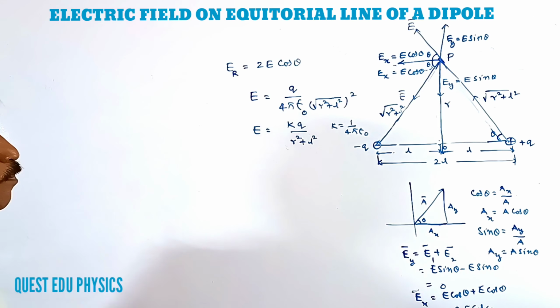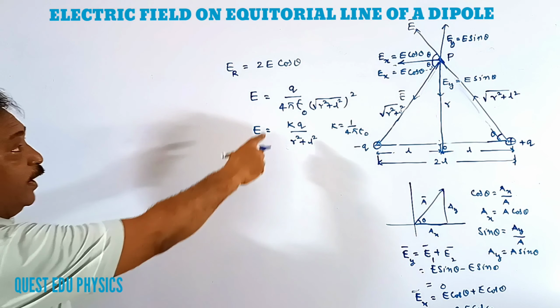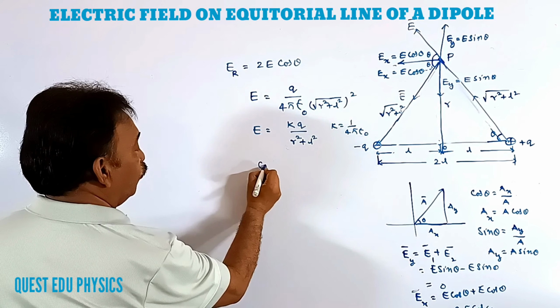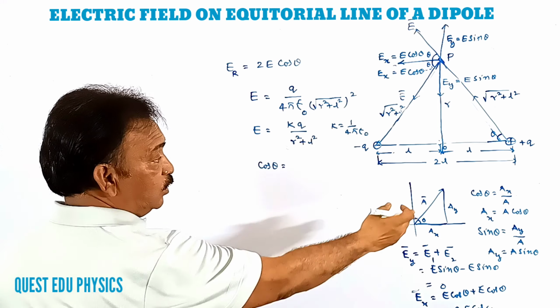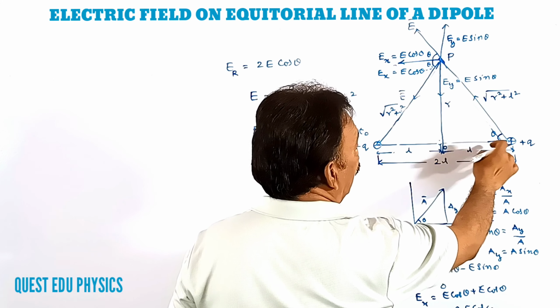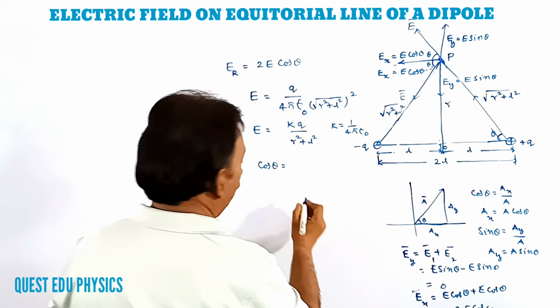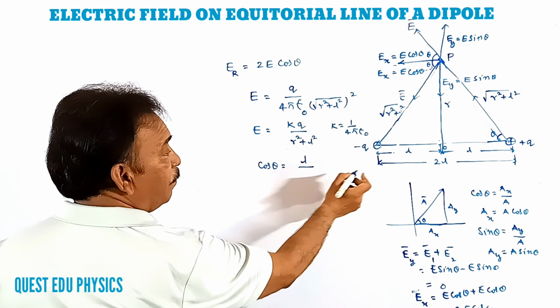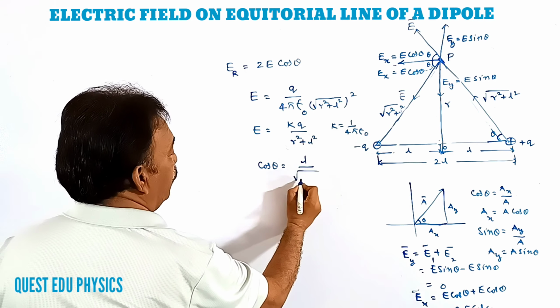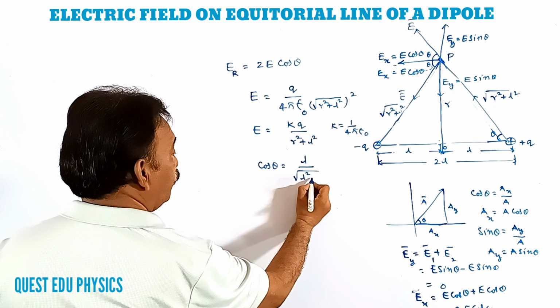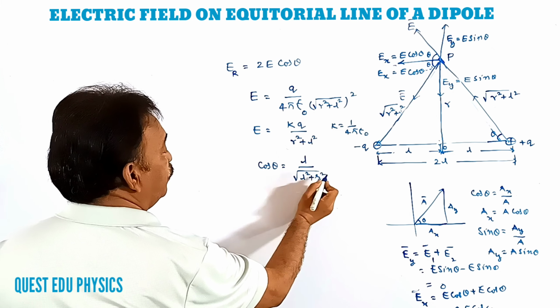Okay, students. In the same way, we have to find out the cos theta. By using this triangle, we are finding the value of the cos theta. Cos theta is adjacent by hypotenuse. That is L by under root of L square plus R square.